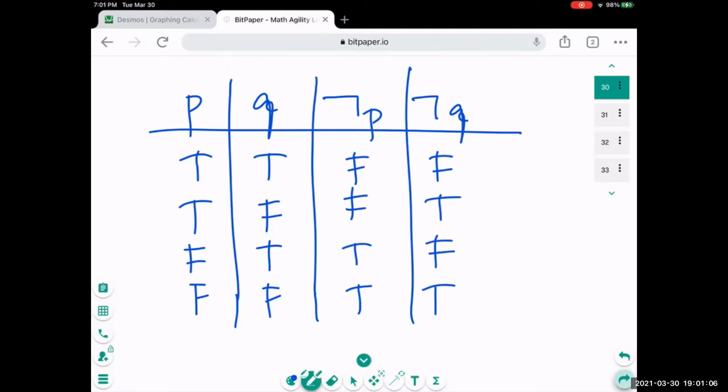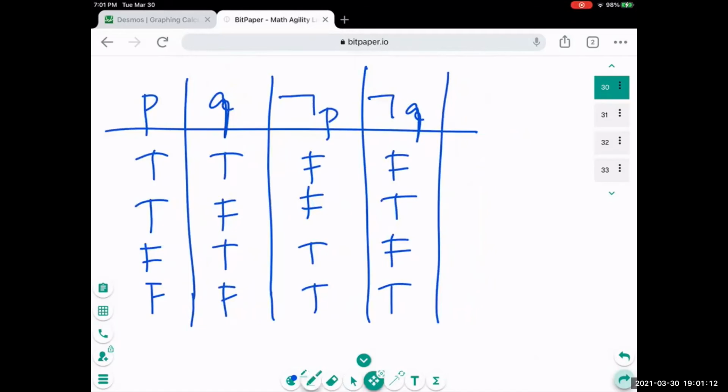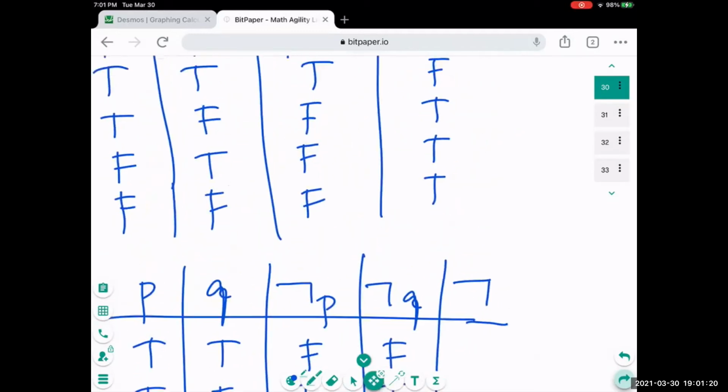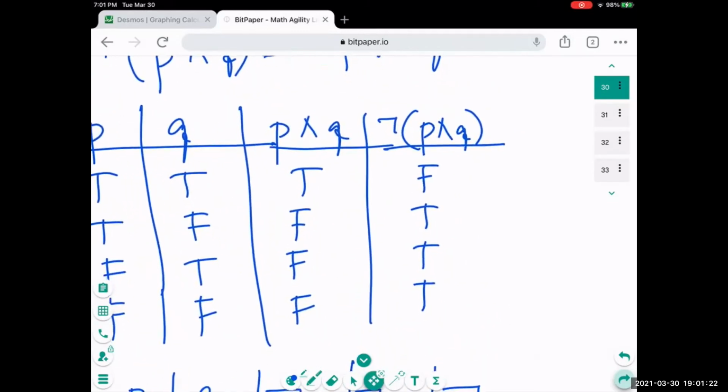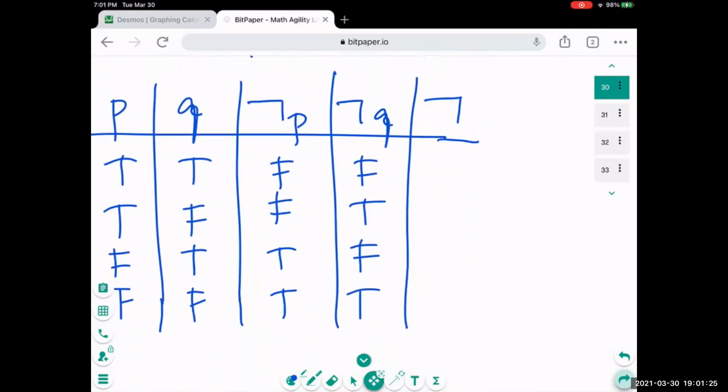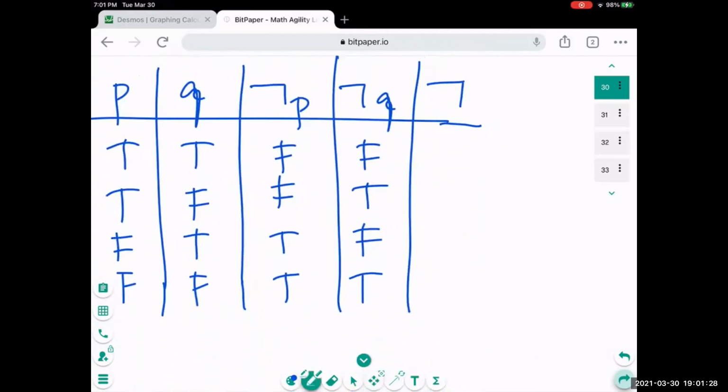And then kunin natin yung kanyang disjunction kasi yun yung required, di ba? Pinoprove natin kung equivalent siya dun sa negation of P conjunction Q. So negation of P, disjunction of negation of Q. Ang concentration natin dito, union is like or, right? We're adding.